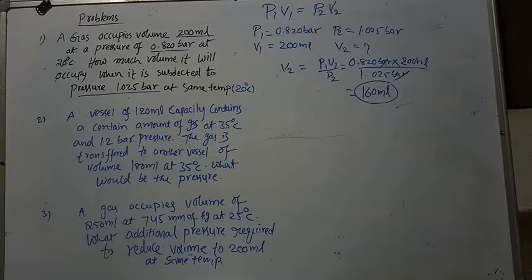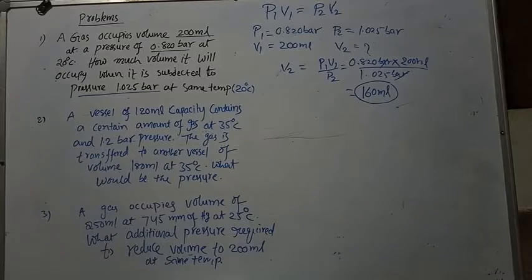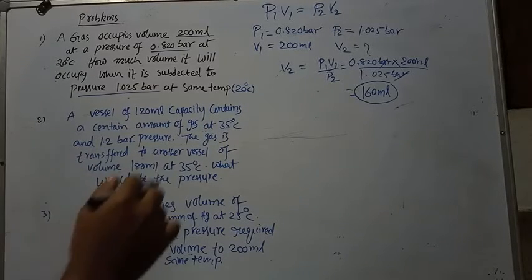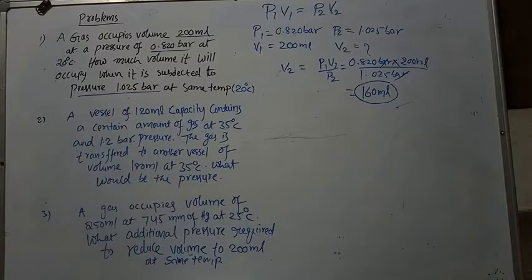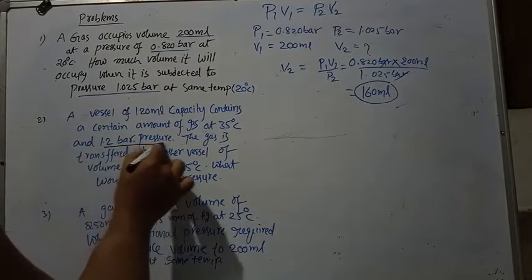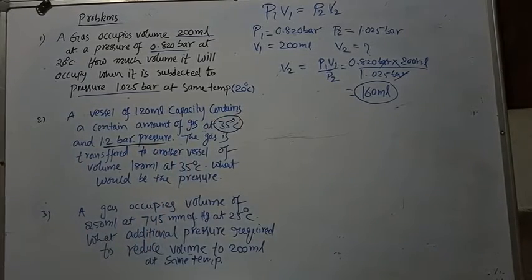Okay, see that. And if we come to the second problem: a vessel of 120 ml capacity contains an amount of gas at 35 degrees Celsius at this pressure. The gas is transferred into another vessel.